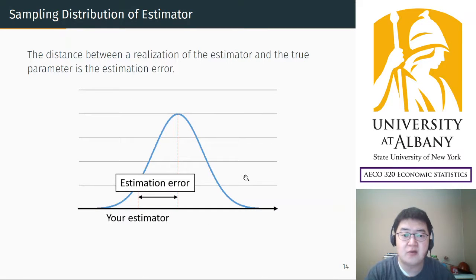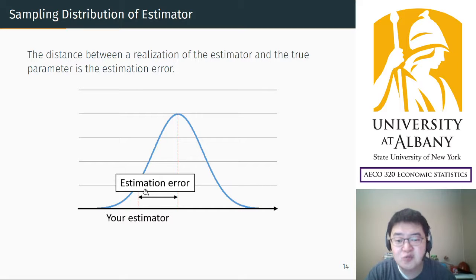And now think about this. Suppose that your estimator happens to be here. When you survey 1,000 people, your estimator happens to be here. Then it is this much different from the true parameter. So we say the difference is the estimation error. So when you calculate the parameter from one sample, then there is one estimation error.